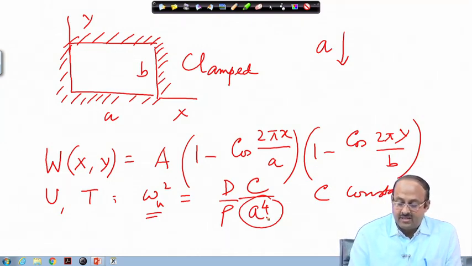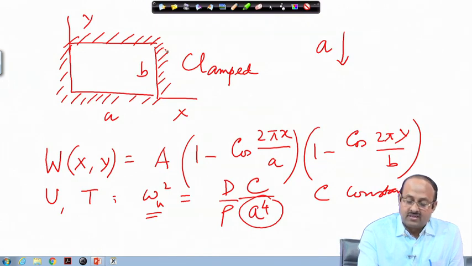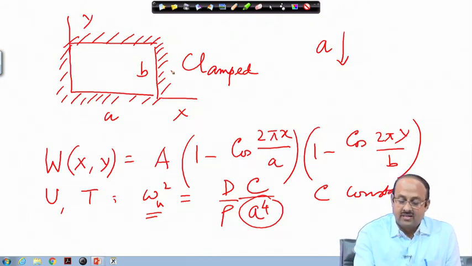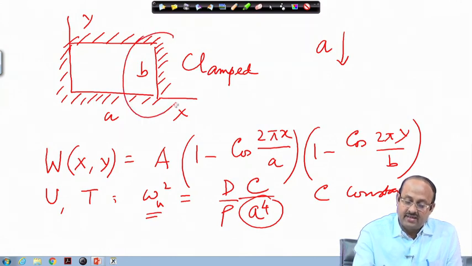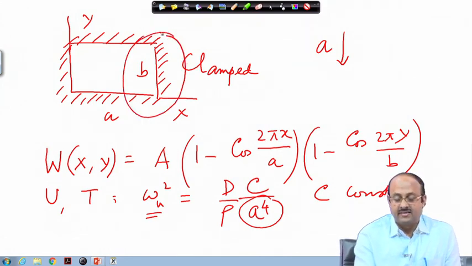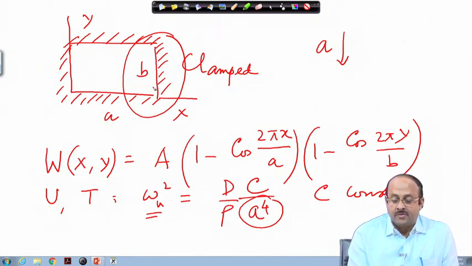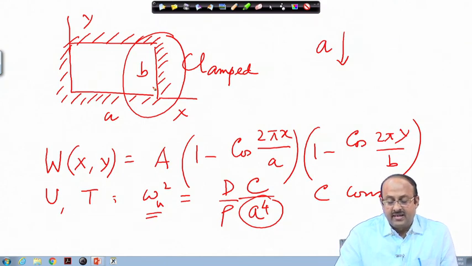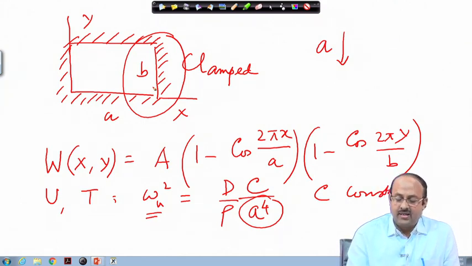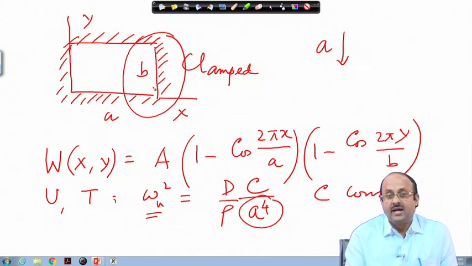Another thing which comes here is the boundary conditions. It will be seen, if you consider other types of boundary conditions, that if you reduce the degree of freedom in the boundary, for example, not allowing it to either move or bend, then its natural frequency increases. This is one situation which we can explore.